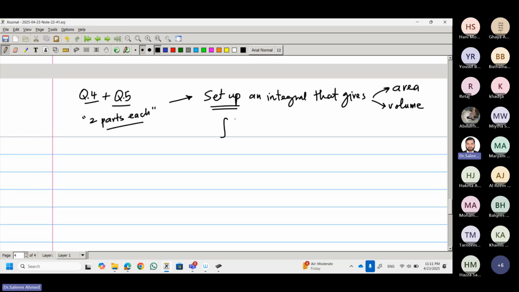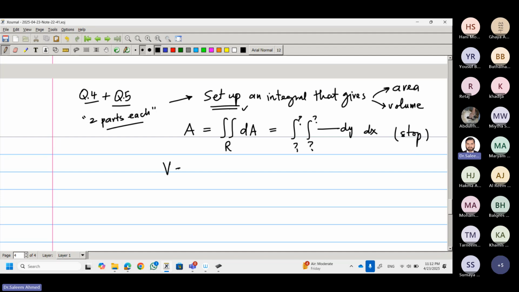Setup means, if it is an area problem, you just have to give me the limits. That's it: dy, where y goes from this limit to this limit, dx goes from this limit to this limit. And stop. If I ask you to set up, it means just stop here. Do not solve the integral.